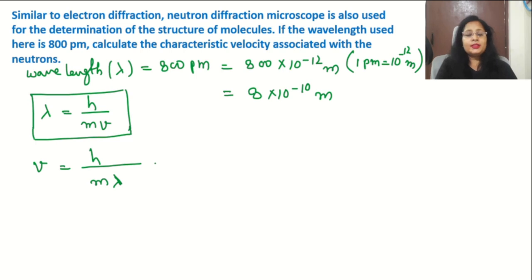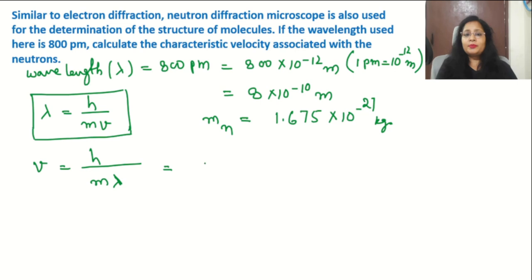Here m is the mass and in this case we will use the mass of the neutron. So first you should know the mass of the neutron is equal to 1.675 into 10 to the power minus 27 kg. We need to put these values.